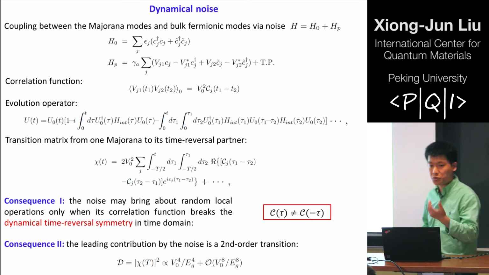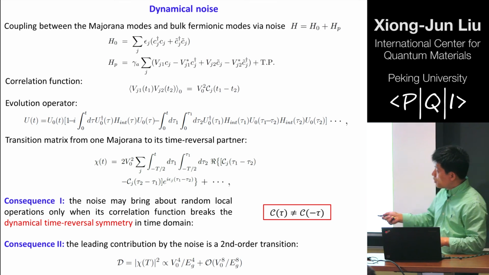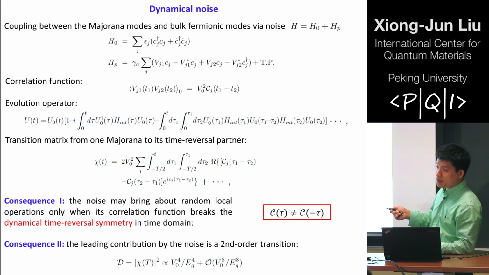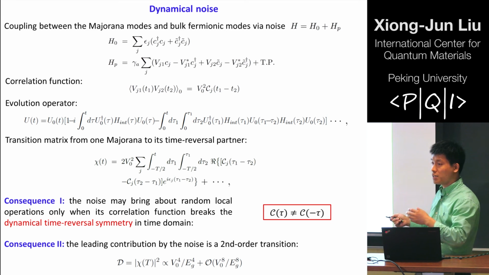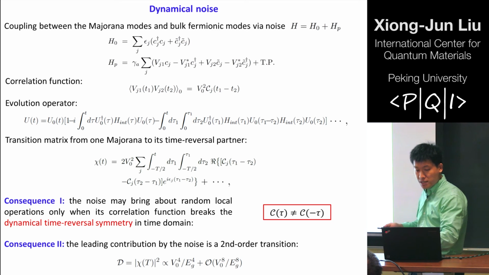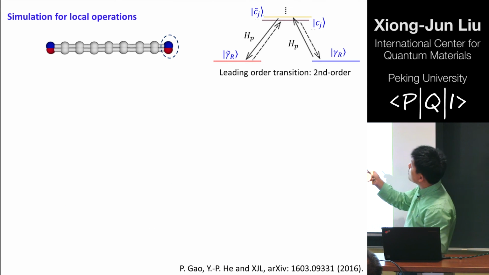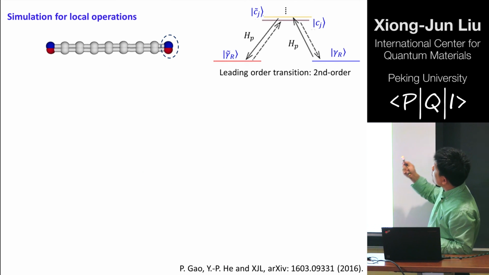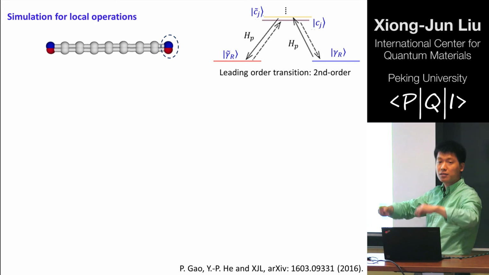Okay, I should wrap up the results. Furthermore, the second consequence means that the leading mixing coupling between the Majoranas comes from the second order transition, not the first order transition. The two Majoranas cannot couple to each other directly.